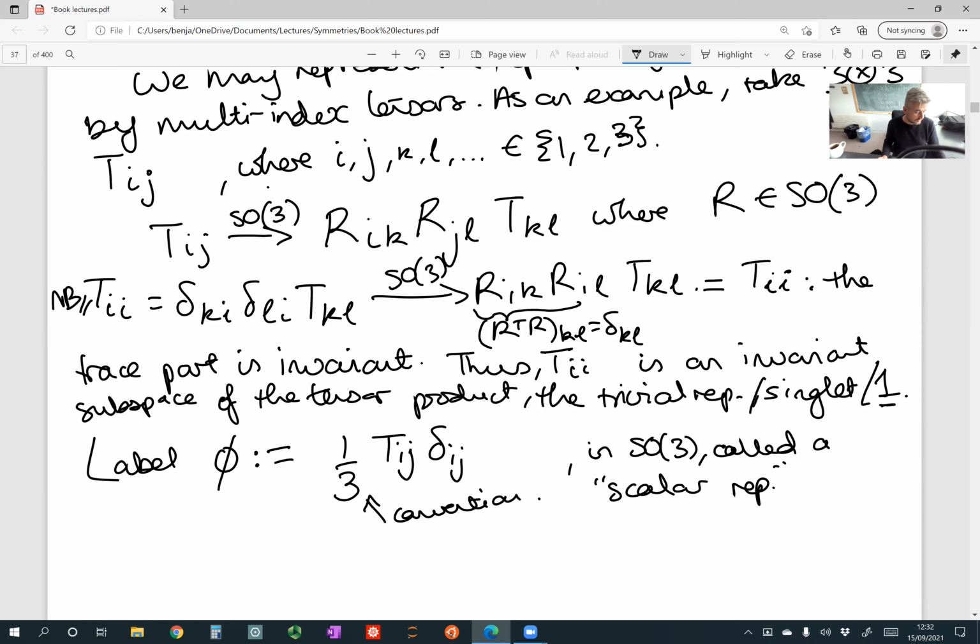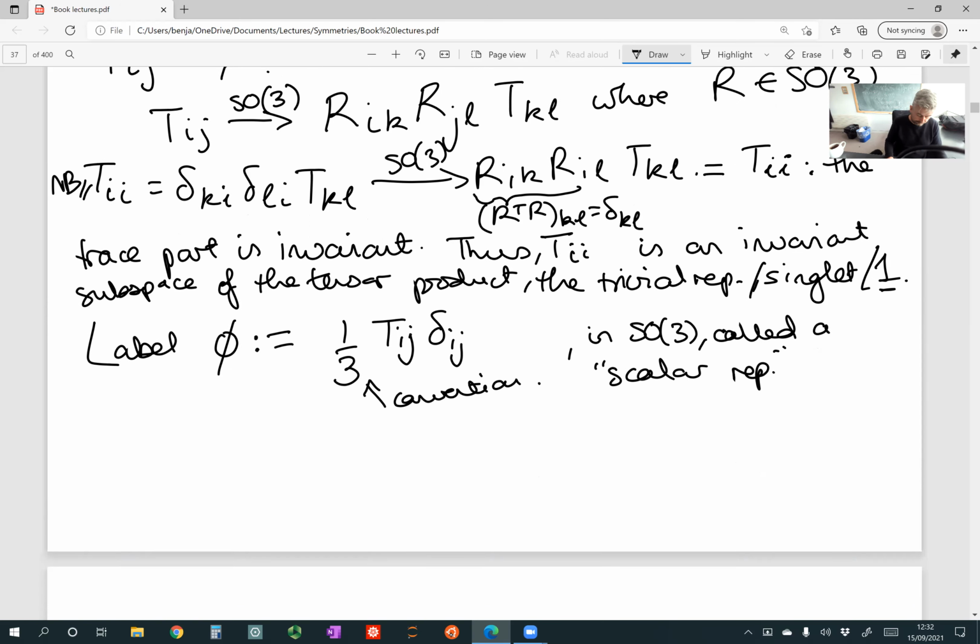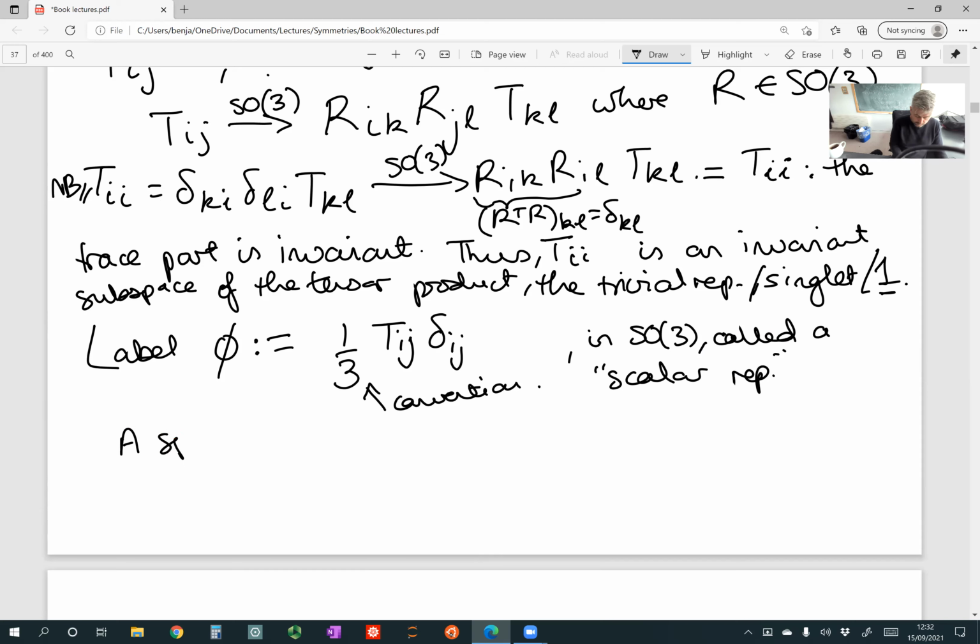Here, a special role is being played by this delta_ij symbol, this Kronecker delta. In fact, let's see how it transforms under SO(3).